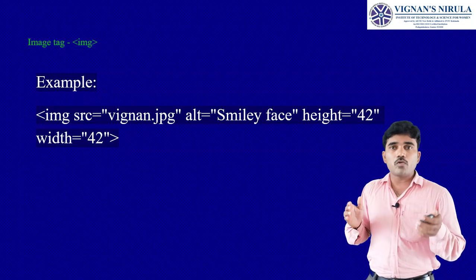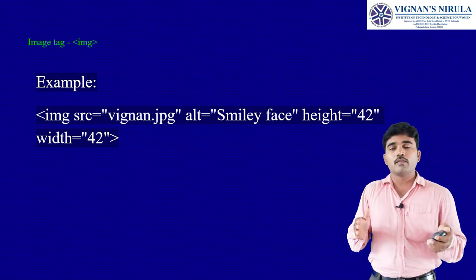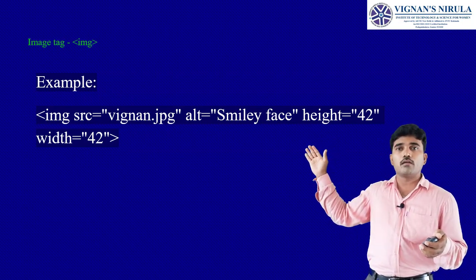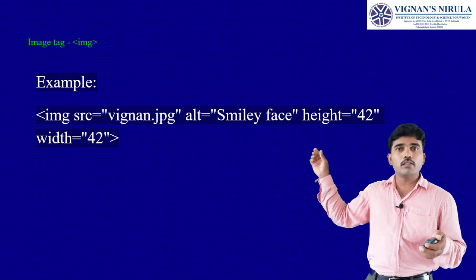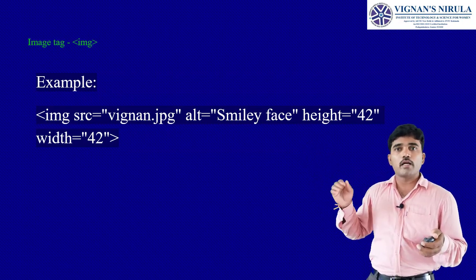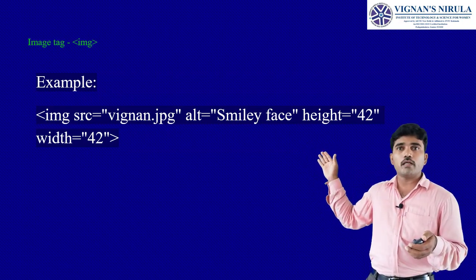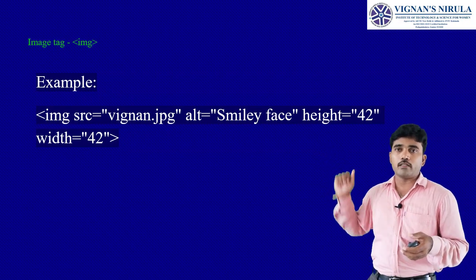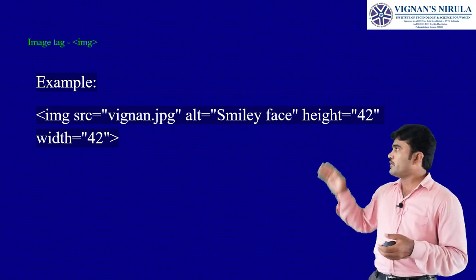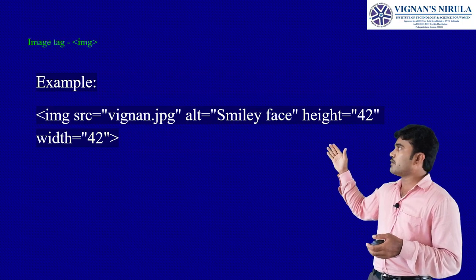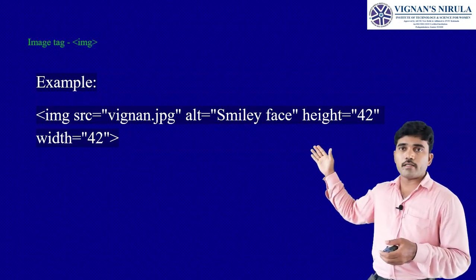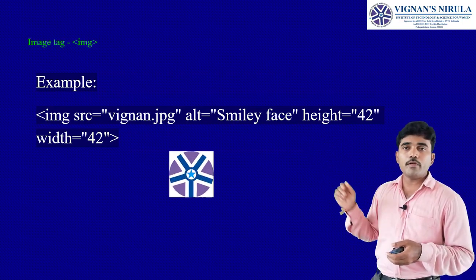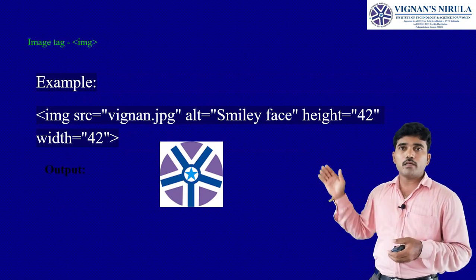Whenever the image is not available, this alternate message, the smiley face, is displayed, with the specific width and height. So here I have used height and width. If you use the IMG syntax like this, the output appears like this.